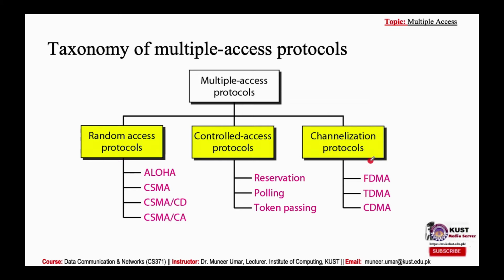Also, under channelization protocol, we have FDMA, TDMA, and CDMA. In today's lecture, we will be looking into CSMA, the carrier sense multiple access, collision detection and collision avoidance, and also the reservation, polling, and token passing.